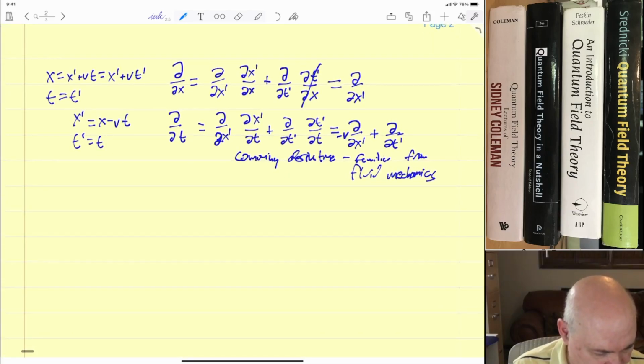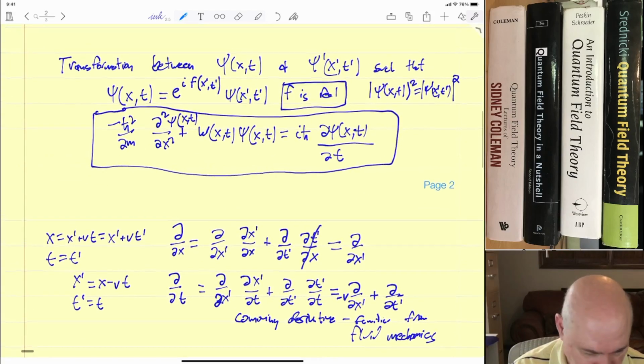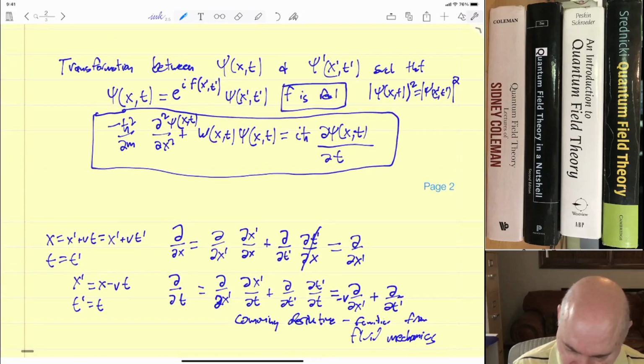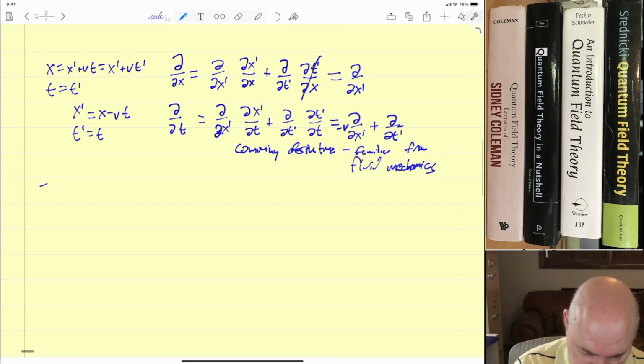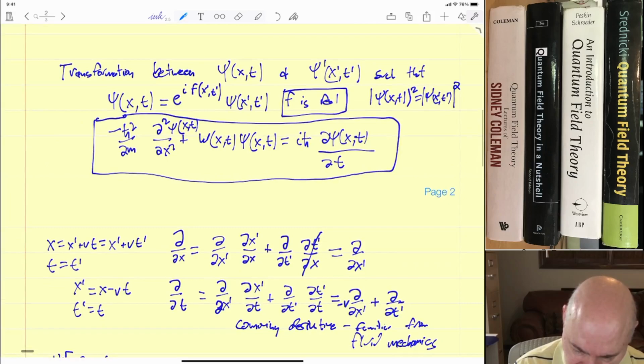Now, we have our Schrodinger equation over here, and we're going to just substitute in that. So, minus h bar squared over 2m, the second partial with respect to x prime squared. And now our psi is e to the i f psi prime.